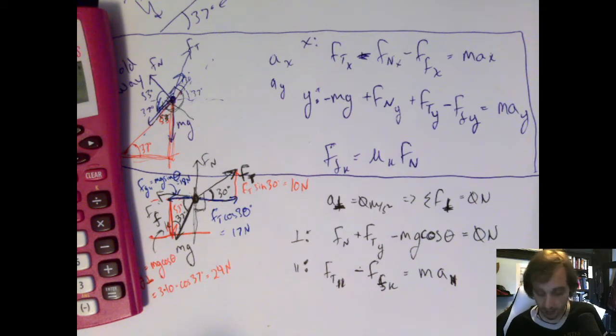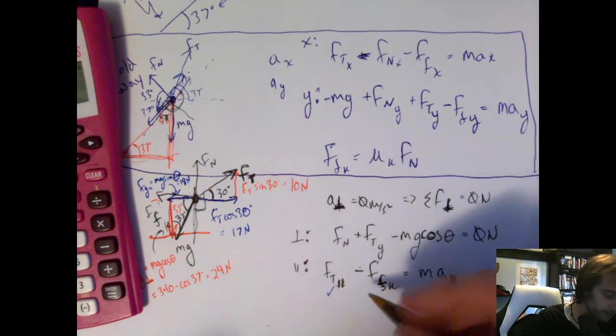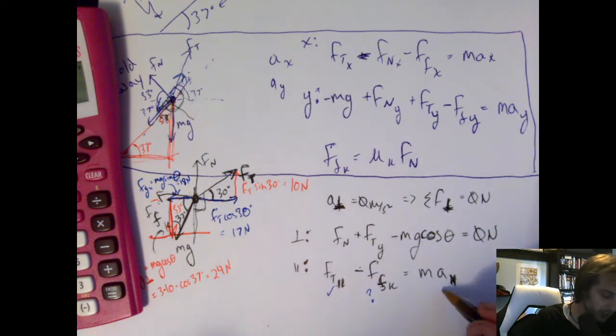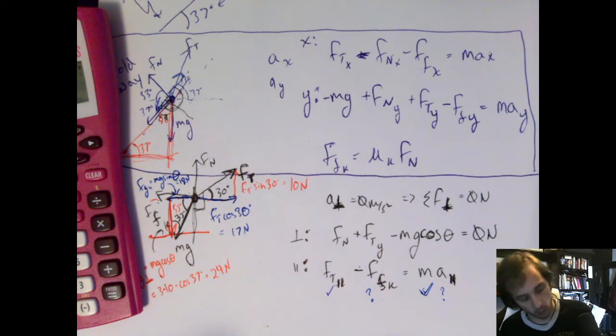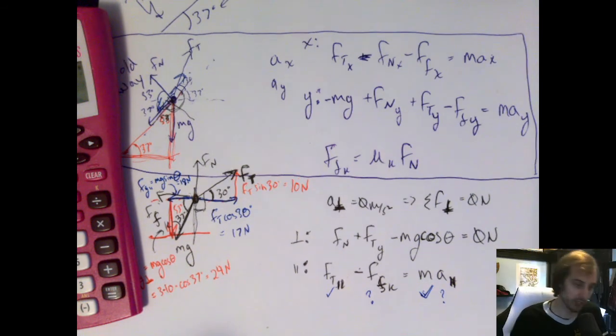If I'm looking at this, this isn't actually too bad, because I know this. I still need the force of friction. I still need the acceleration. It's what I'm looking for, but I know the mass. And so I need to figure out a way to figure out how big friction is, or at least how big friction is in terms of the acceleration, although for this one we can just get the friction.